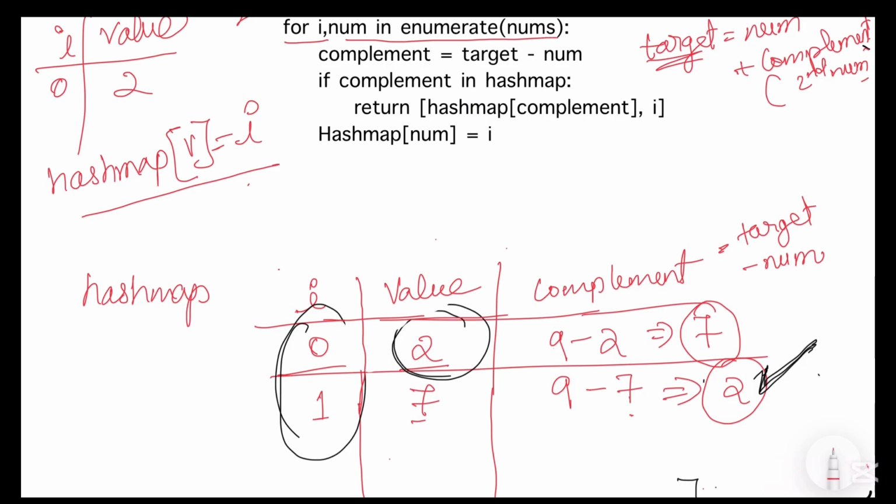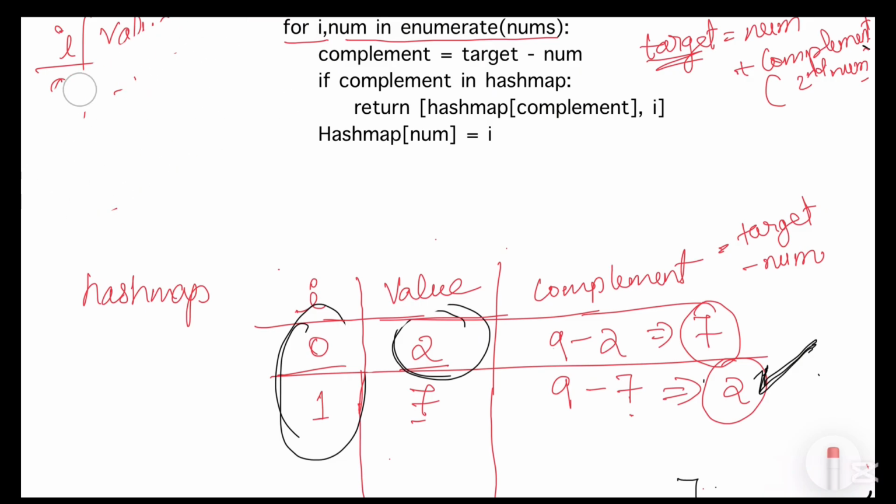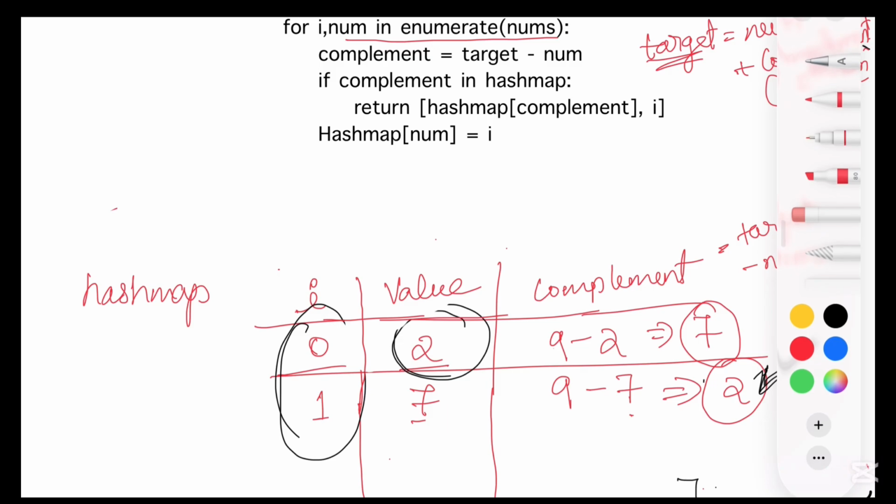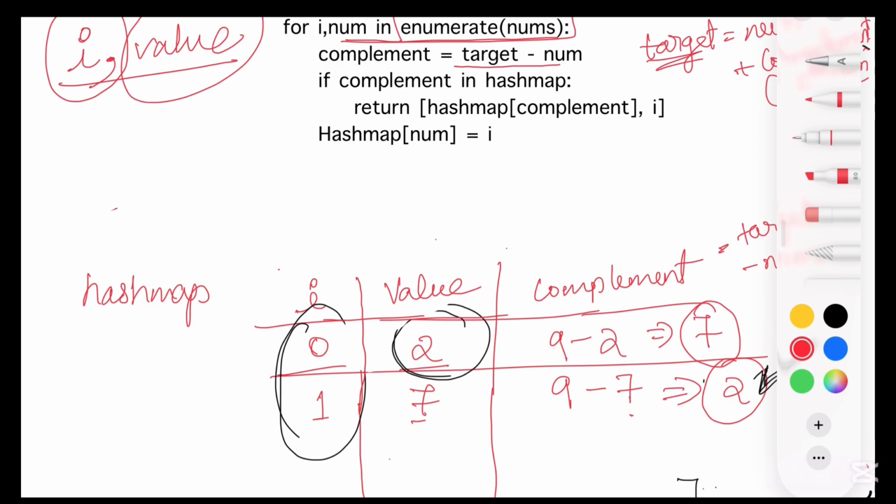Enumerate is a built-in function which sequentially keeps a list of both the index and the value. It helps you keep track of both the index and the value of the array.